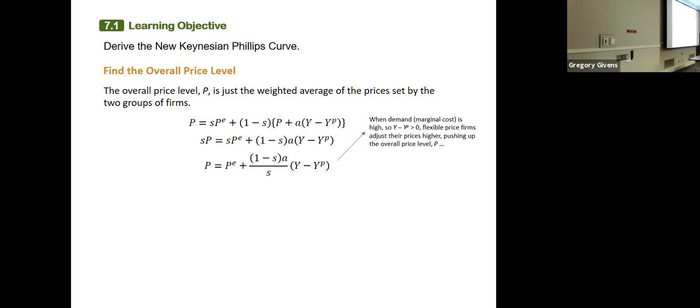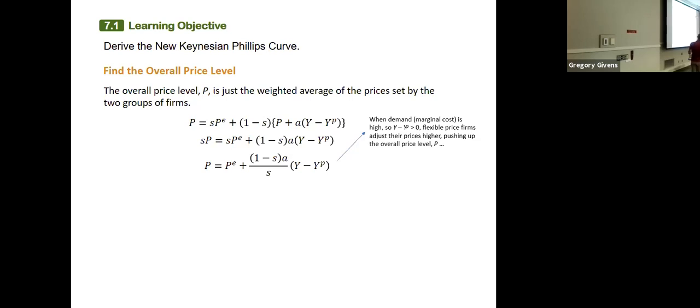So when real marginal cost rises, who's going to change their price immediately? The flexible price firm or the sticky price firm? Only the flexible price firm, right? The sticky price firms cannot respond instantly to changes in marginal cost. And so when marginal cost goes up, because the output gap goes up, that also puts upward pressure on the overall price level. But notice here that it doesn't affect it 1-to-1, right?